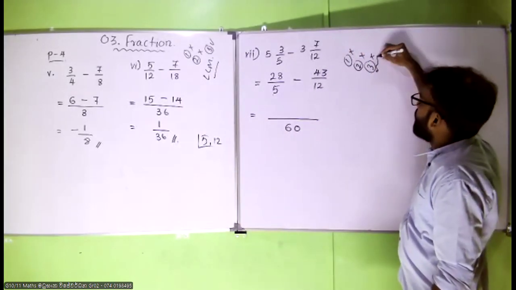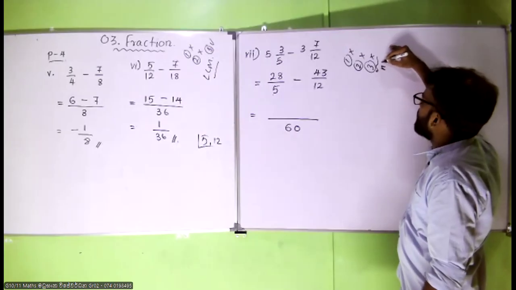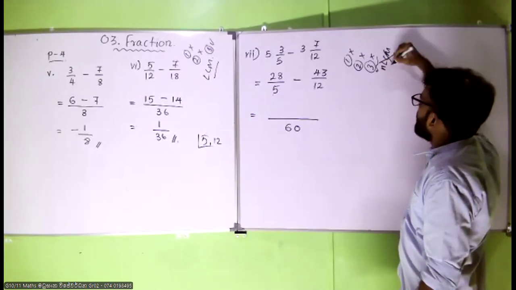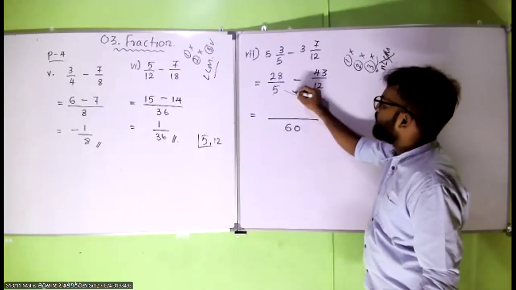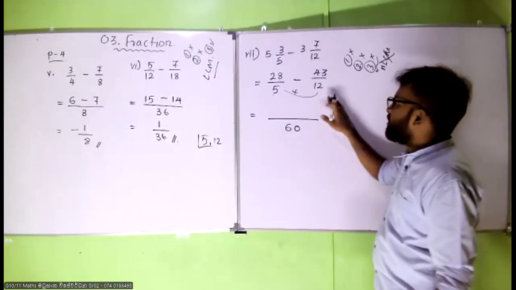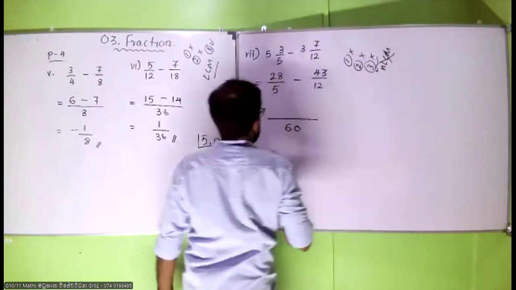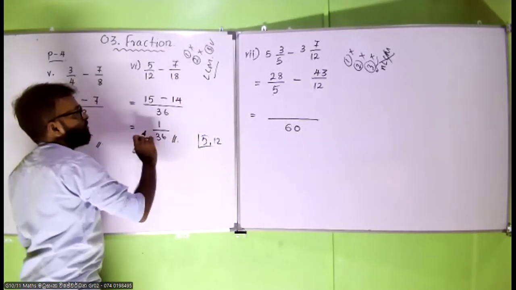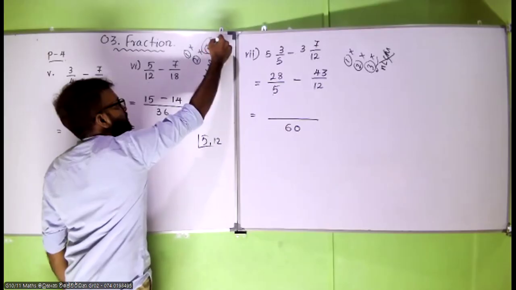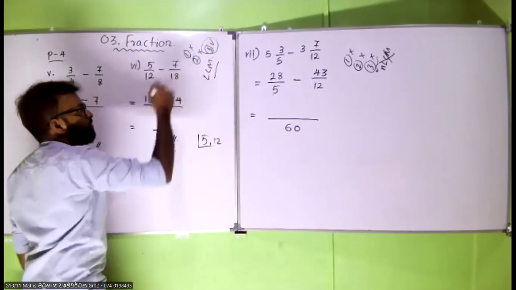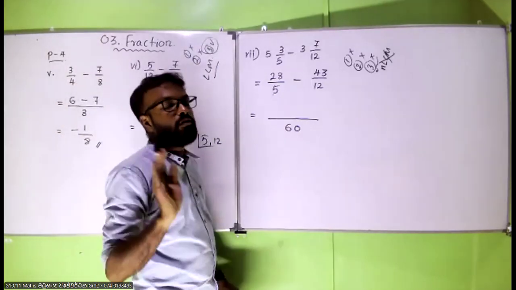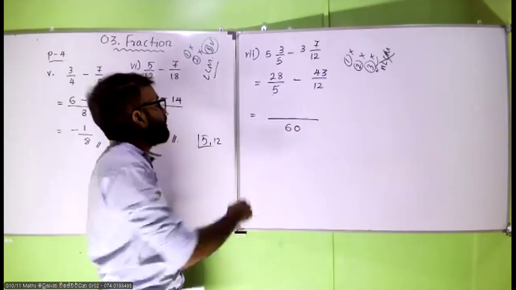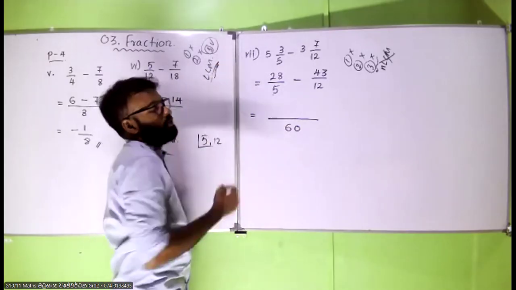Right? So no need to find the LCM, just multiply these together and have the common denominator. But you cannot do it in the other case because the third one is not satisfied; you have common factors, so you definitely need to find the LCM.